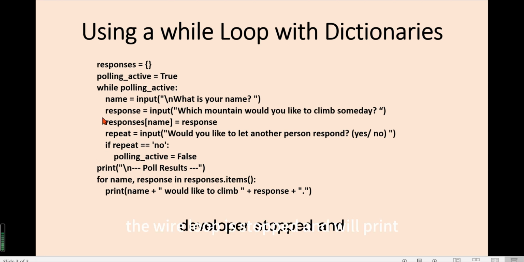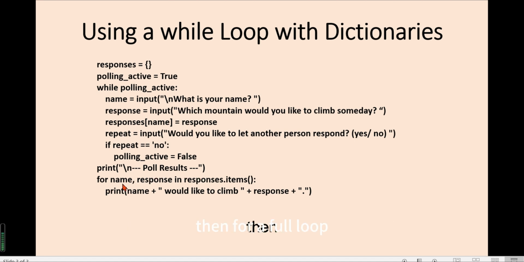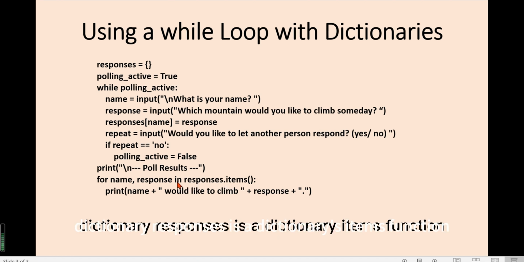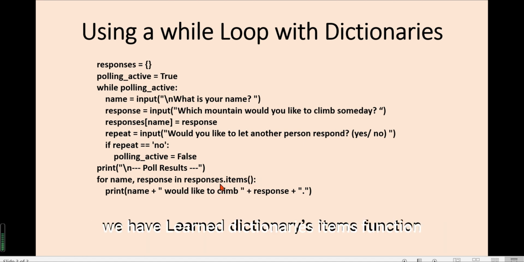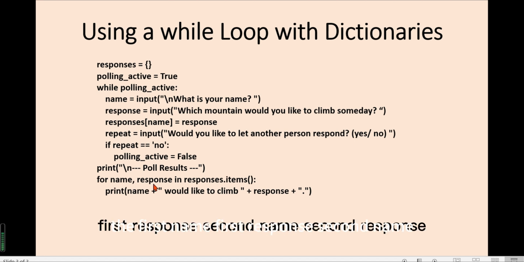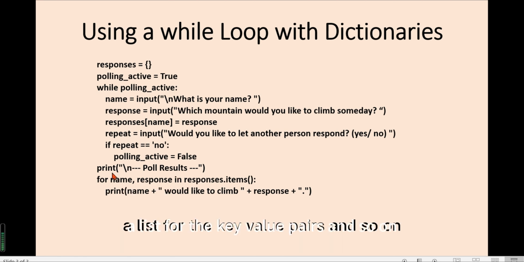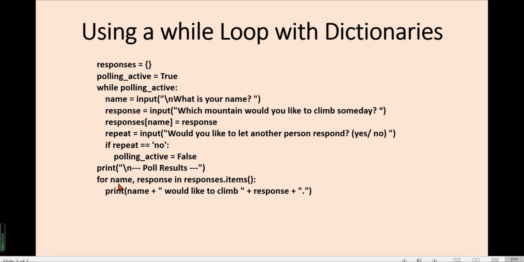So the while loop stopped and will print a message, polling results. Then a for loop over the responses dictionary's items function. We have learned that the items function returns the key and value pairs: the first name, first response, second name, second response, and so on.